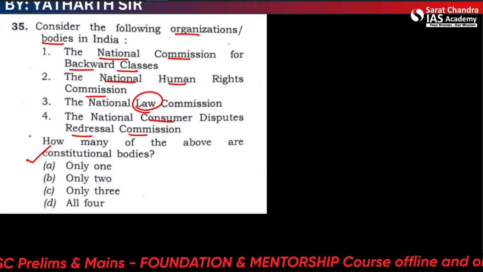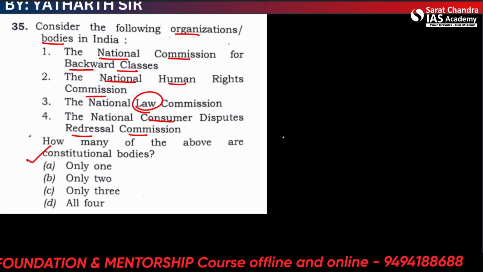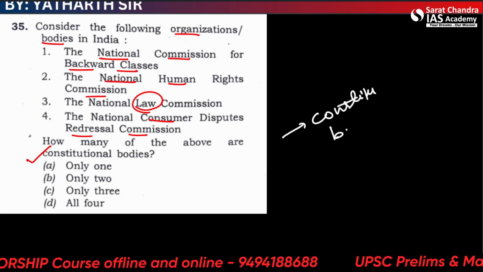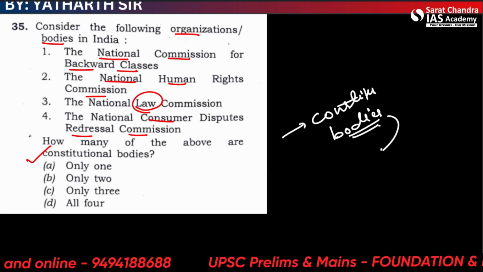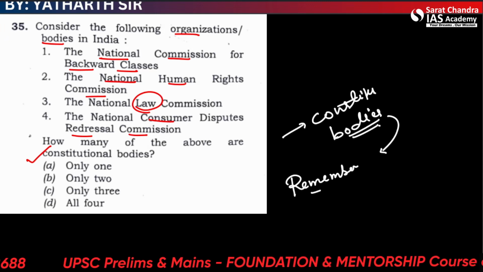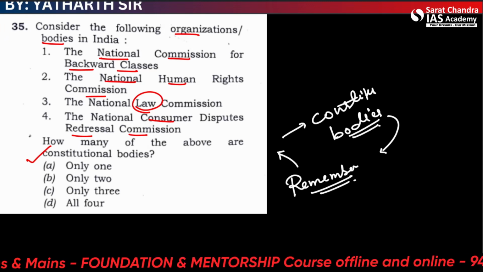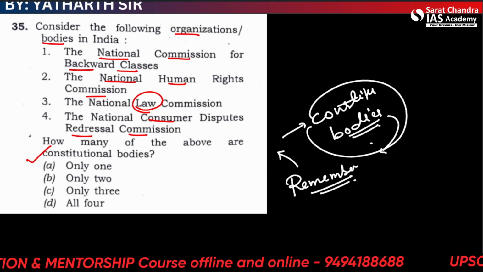So the question is directly asking you to check from a list of the constitutional bodies. So it expects you to remember this list, first of all, and check how many of these bodies are from this list. Alright, so we'll start this topic.